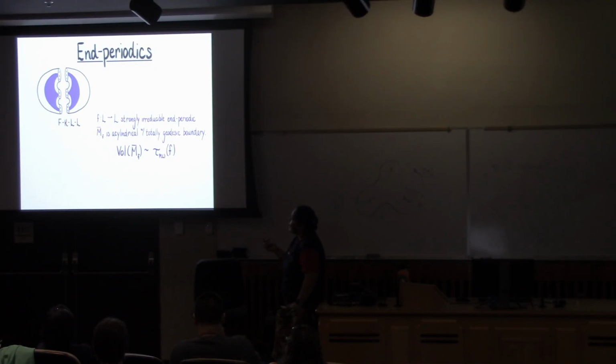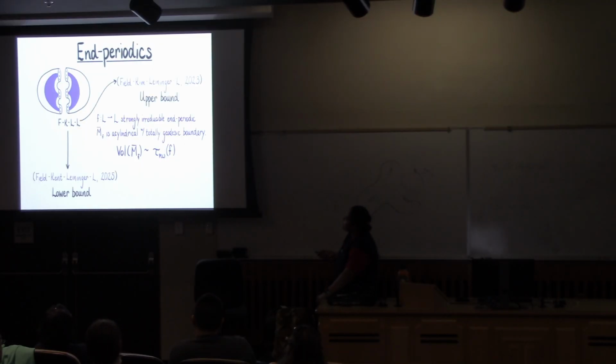And in that case, the hyperbolic volume of this mapping torus is coarsely equivalent to the translation length of our map on the pants graph of our surface. This coarse equivalence just means that I have upper and lower bounds with some constant times this.